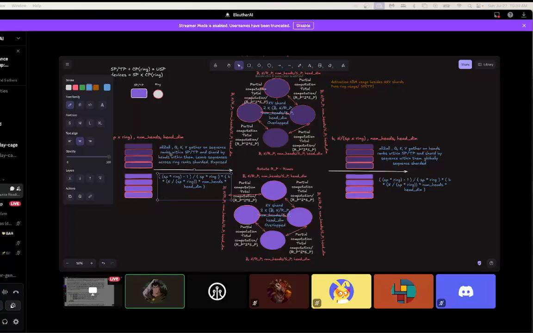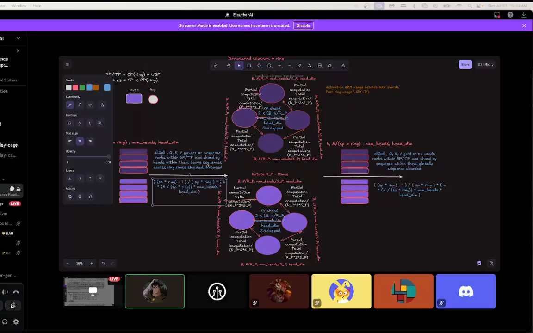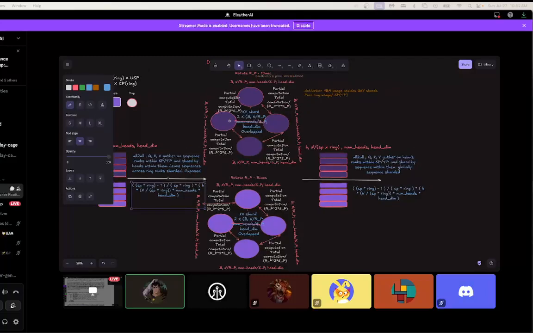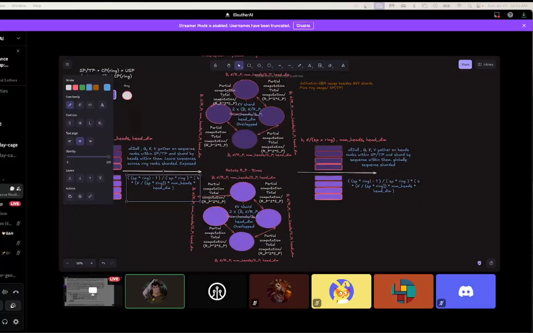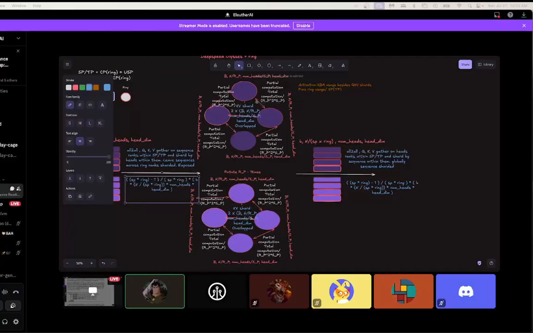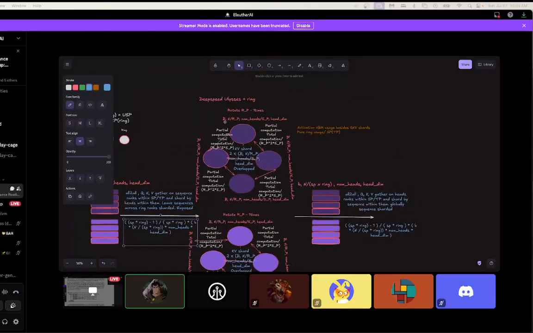Then we have all to all, where we gather on sequence and shard by heads, and then we have 2 rings basically, or 4. Within these 2 rings, if you see the local shape, we have the same heads on each device, but the sequence is sharded on each device.